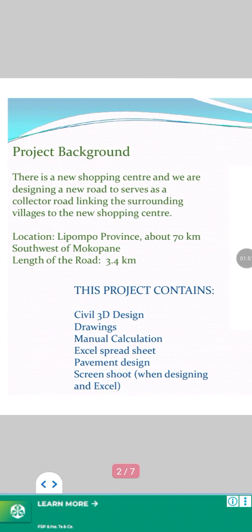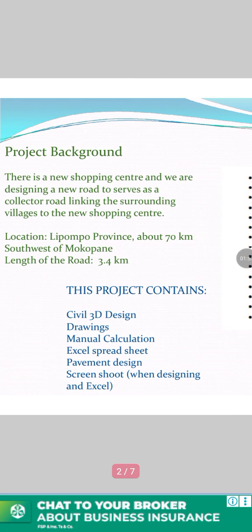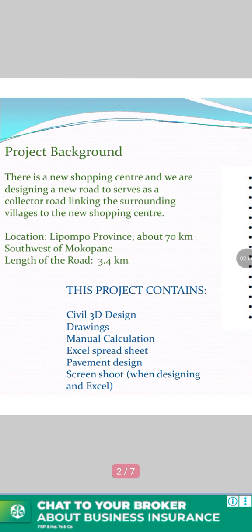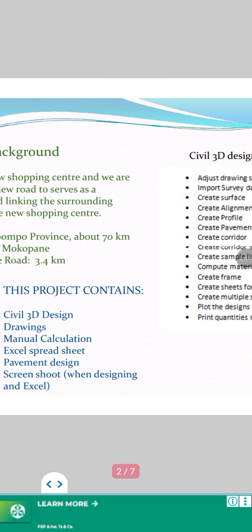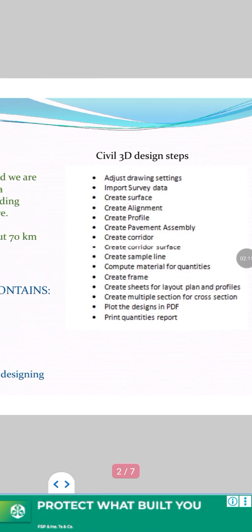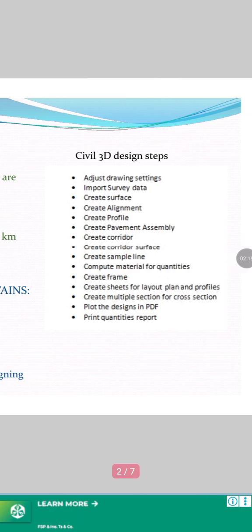The manual calculations also, the Excel spreadsheet for the manual calculation of the curves, and we also did the pavement design, and we have also done the screenshots that show the procedure as we are doing our design and the Excel. So these are the steps that we did for the Civil 3D designs.